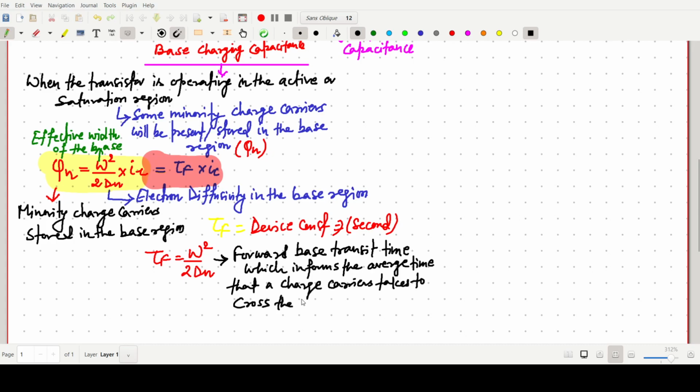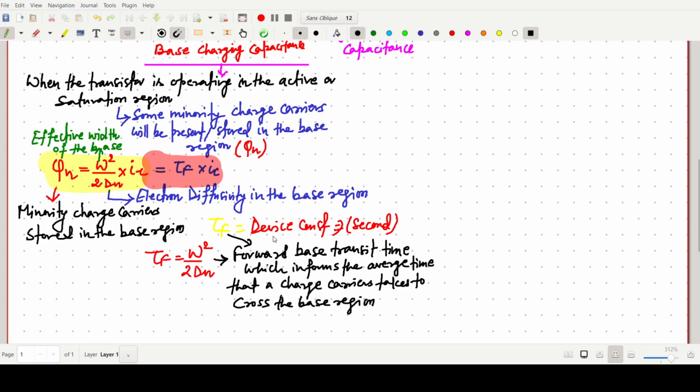Okay, this one is also the same thing, tau f. Forward base transit time is our tau f. Okay, so how much time will it take now?